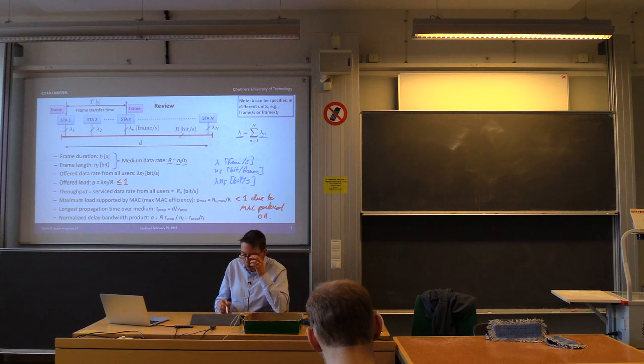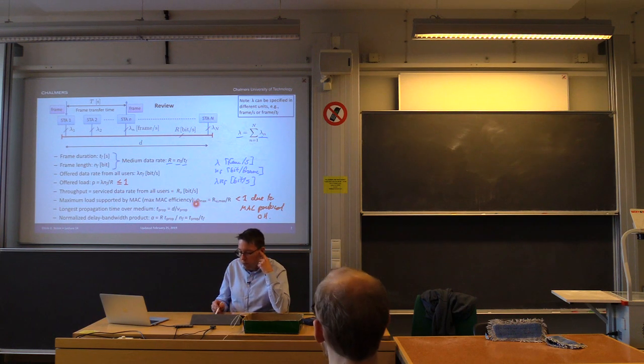What is determining this rho max here is properties of the medium, and in particular one property which is crucial here, and that is the propagation delay over the medium. The propagation delay is basically the length of the medium divided by the propagation speed.